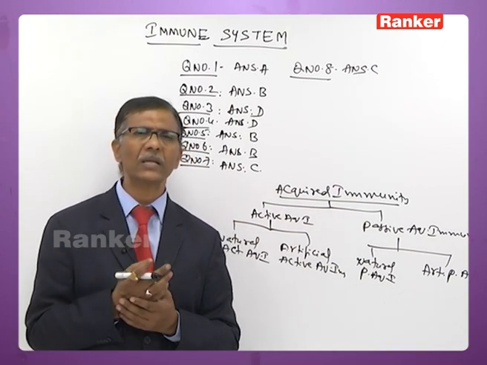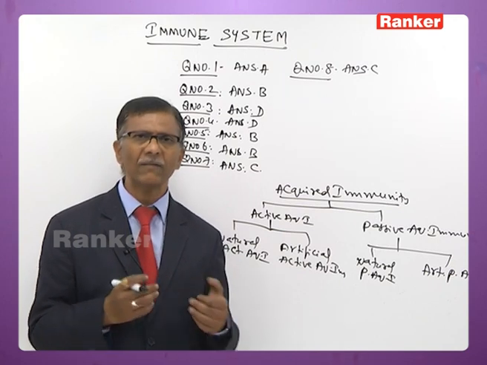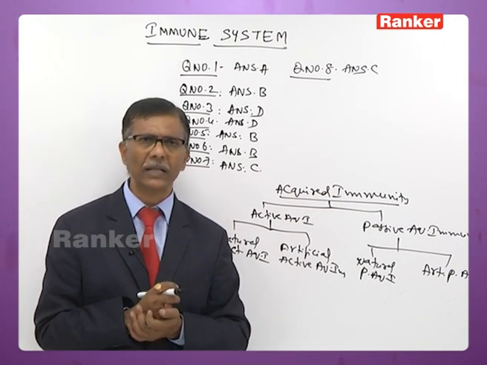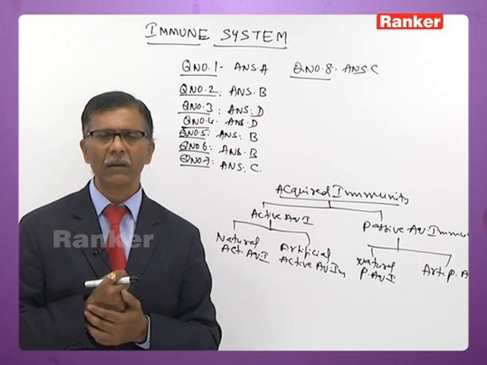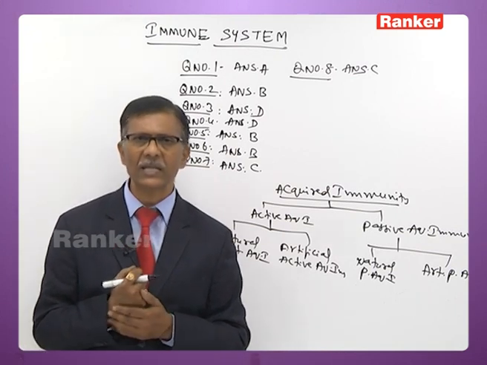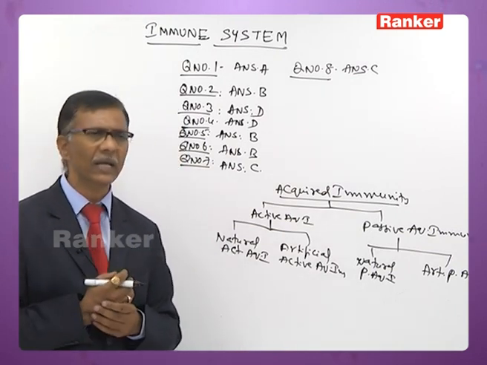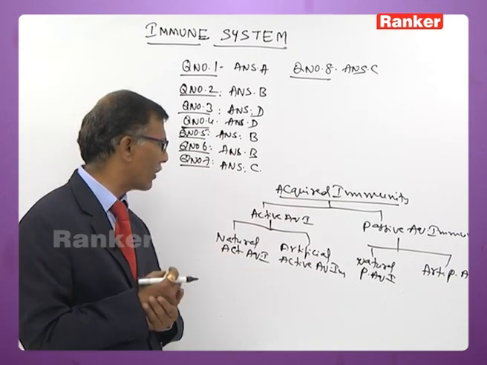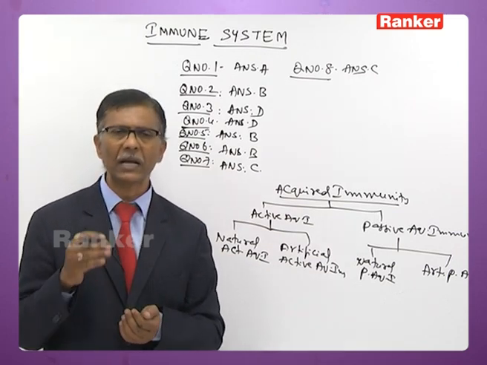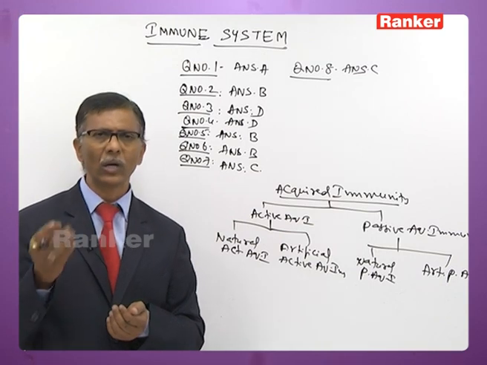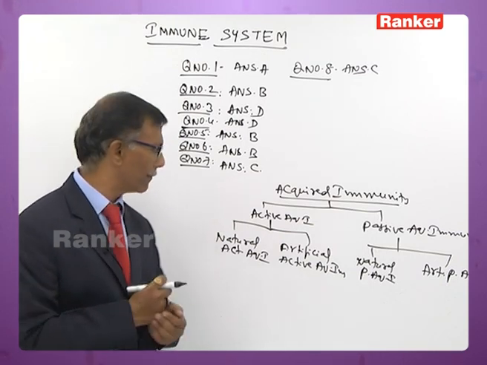Once a sufficient number of memory cells are synthesized, as and when the same pathogen enters the human body, it is killed outright by the memory cells. That kind of immunity is called natural active acquired immunity, that is, immunity that crops up in the human body due to prior contact with the pathogen.